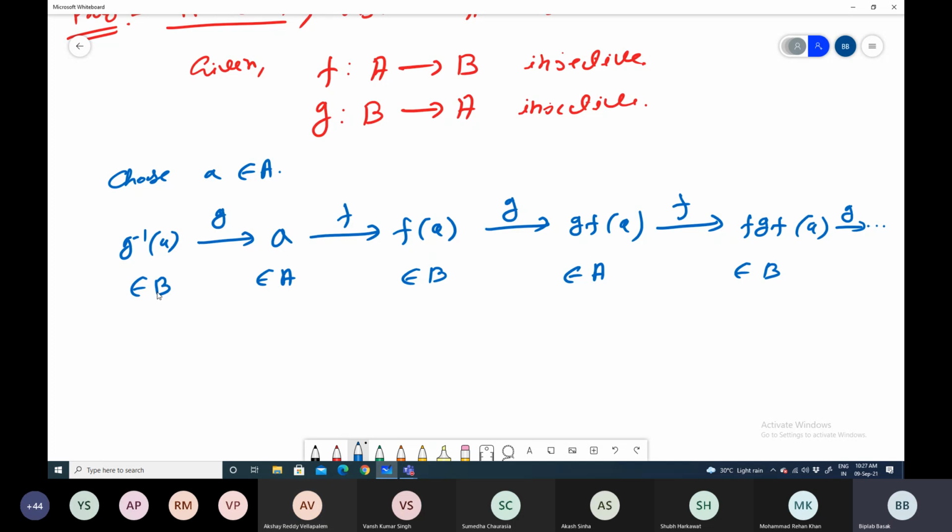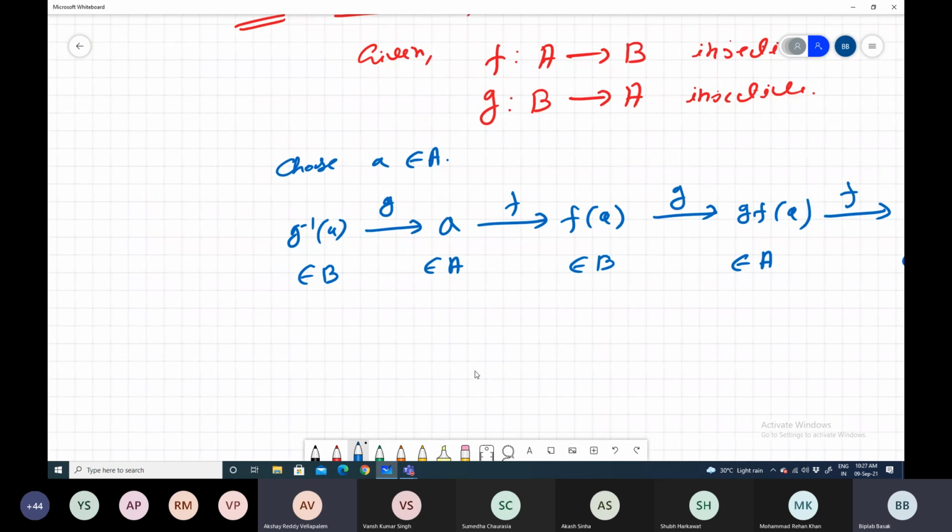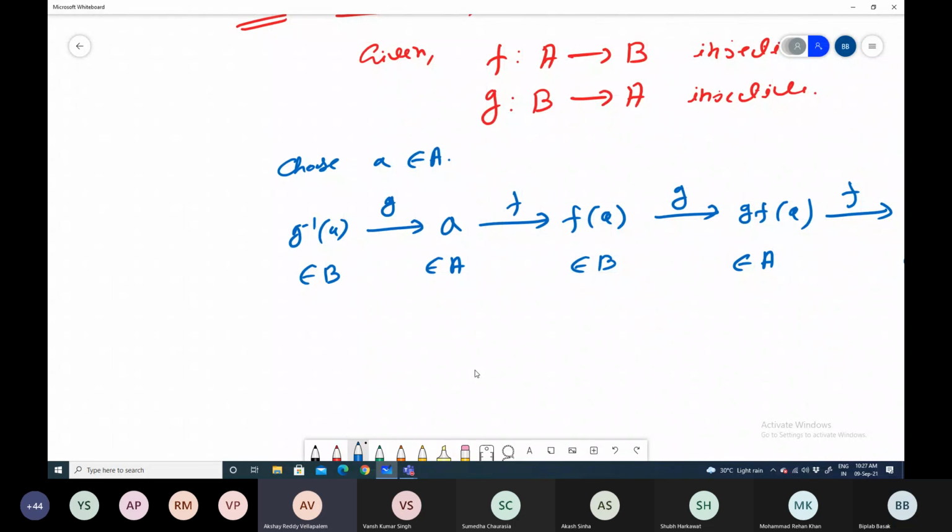There is no guarantee that it will exist. We are not choosing a such that G inverse of a exists. We choose any arbitrary a, but G inverse of a may exist or may not.